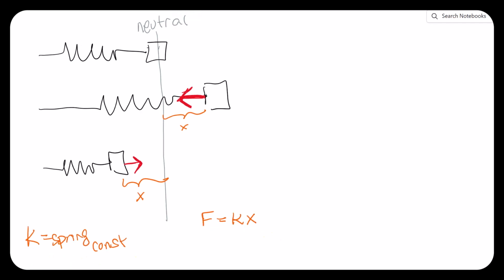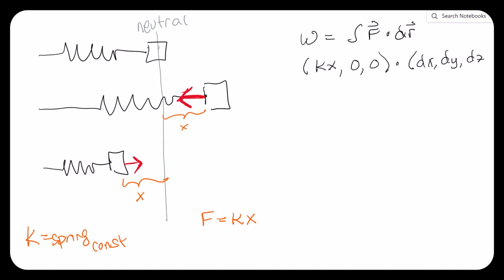Remember our definition of work is the integral of F dot dr. In our case, F is entirely in the x direction. So kx, going in the positive direction, 0, 0. And then dr is dx, dy, dz. So if I dot that, I get kx dx.